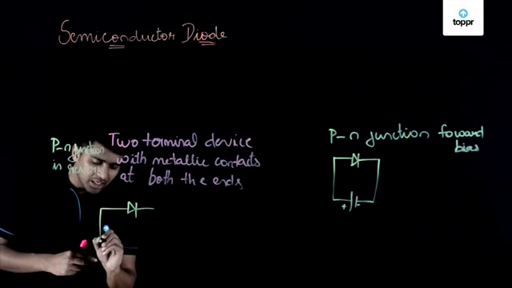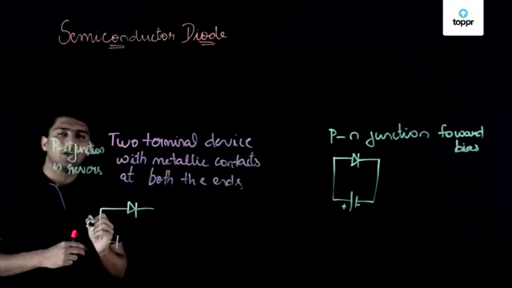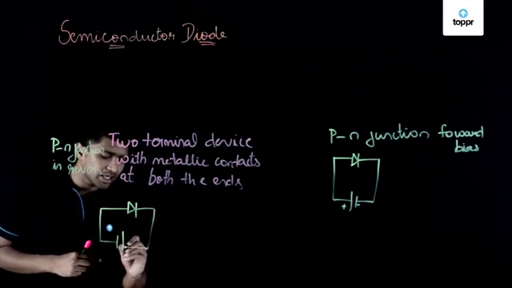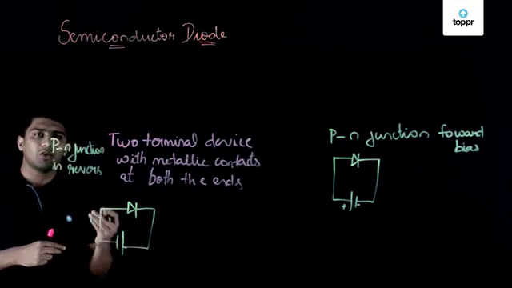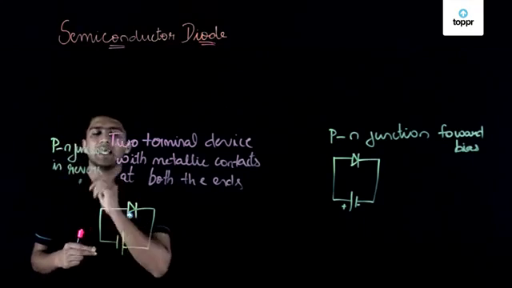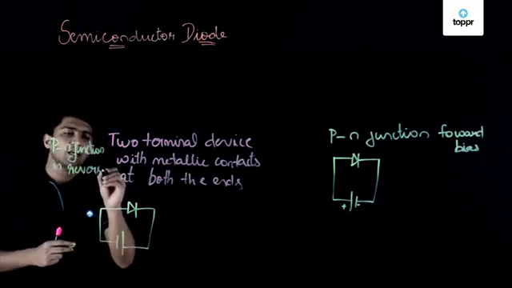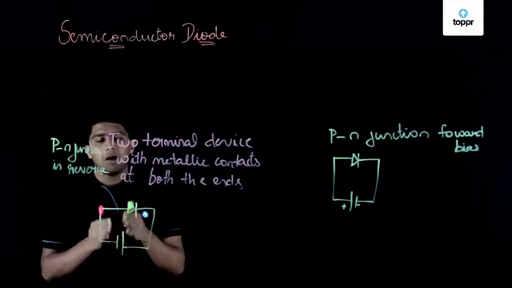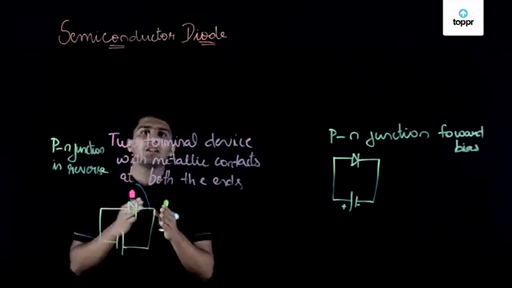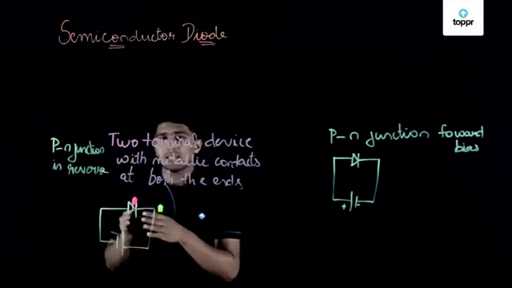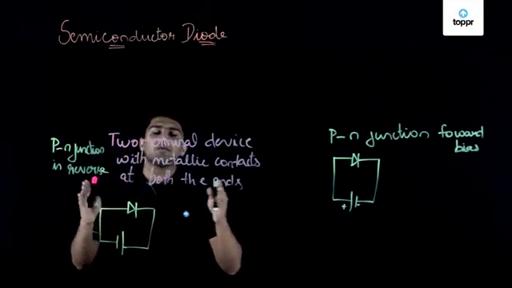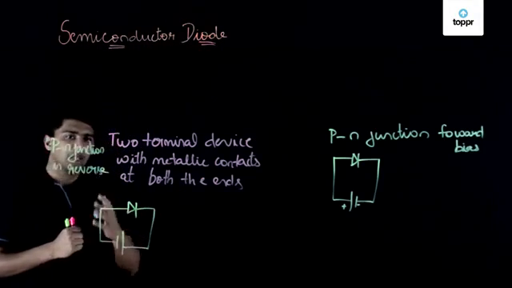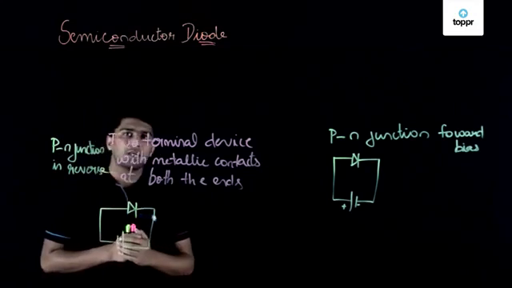If the P terminal is connected with the negative end of the external source and the N terminal is connected with the positive terminal of the external source, then we can say that the PN junction diode is in reverse bias. The inbuilt current as well as the external applied voltage which we are giving will be in the same direction. As it is in the same direction, the width of the depletion layer will increase. So this is how we are making use of a semiconductor diode.